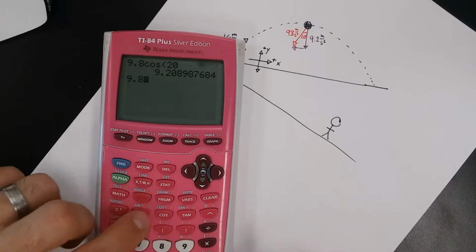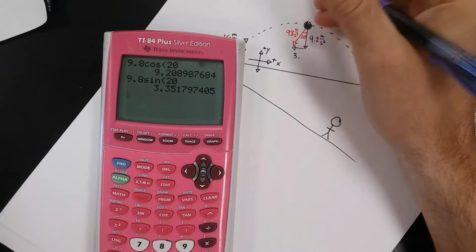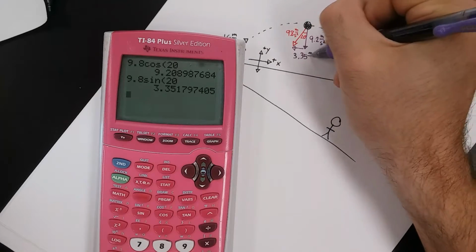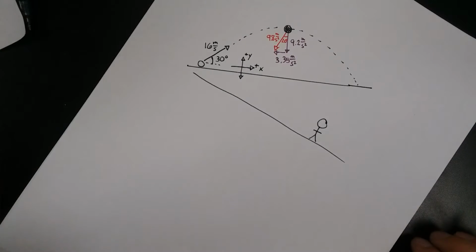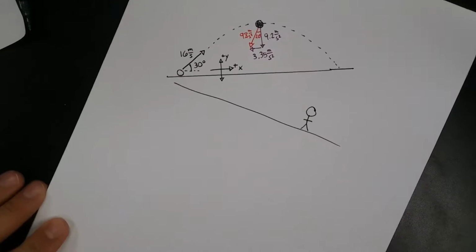That's 9.8 sine 20. Or I could say 3.35 meters per second squared.